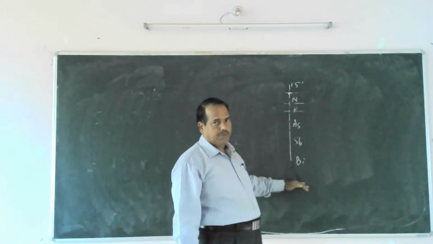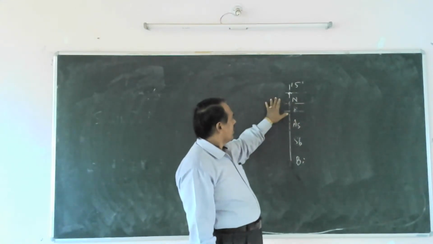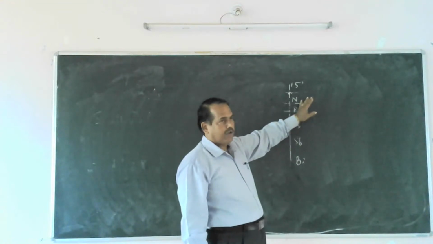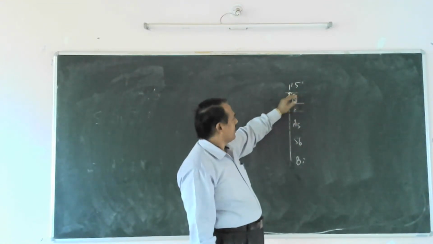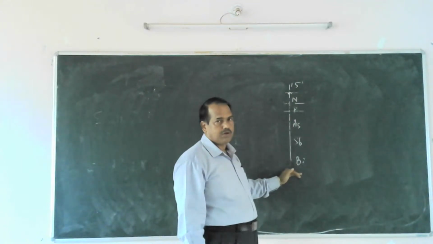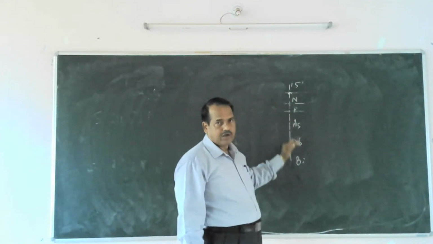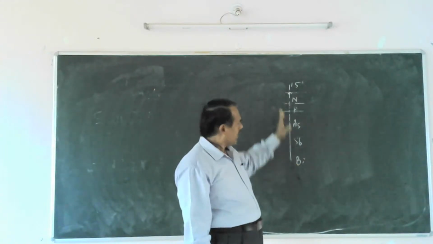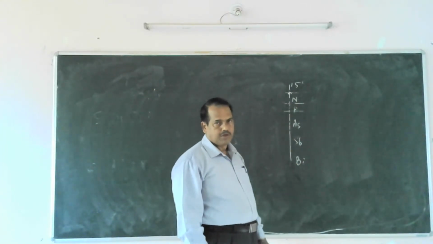As you come down the group, atomic and ionic size increases. Along the period, ionization enthalpy increases. As you come down the group, ionization enthalpy decreases, electronegativity decreases, and electron gain enthalpy also decreases.